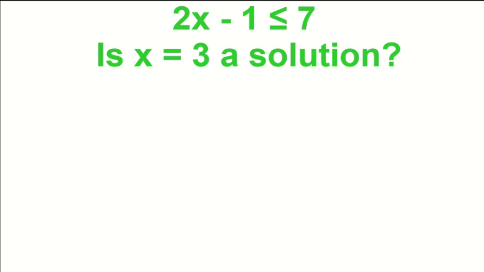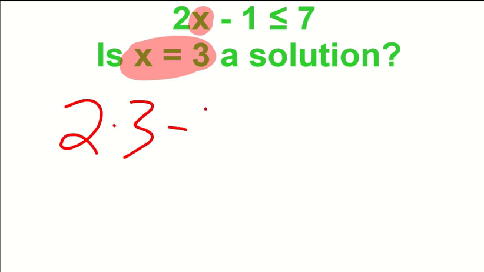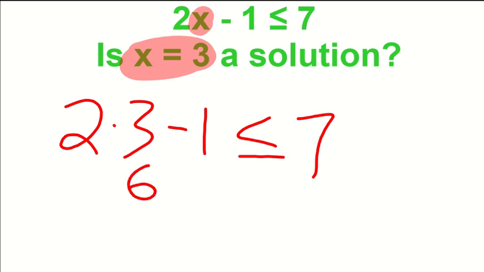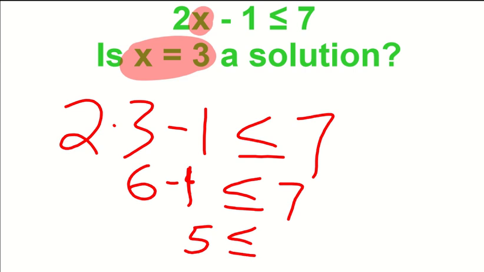What you want to do is take what they give you and put it in for x. So now we would have 2 times 3 minus 1 less than or equal to 7. 2 times 3 is 6. So we get 6 minus 1 less than or equal to 7. 6 minus 1 is 5. 5 is less than or equal to 7. So that makes that one true. That means it's a correct answer, or it's a solution.